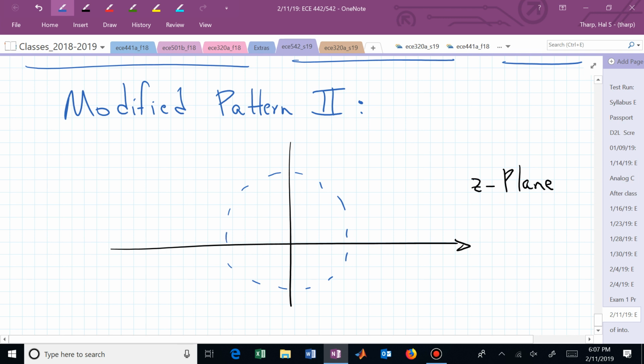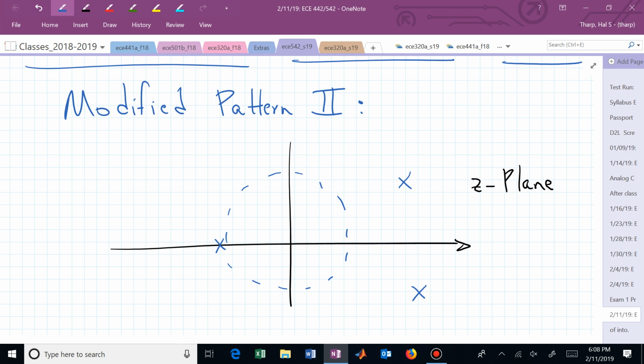That's kind of scary. What was pattern 2? Where were the poles? They were outside of the region of convergence. And in the last modification, I eliminated an extreme location. What if I eliminate the extreme location here?